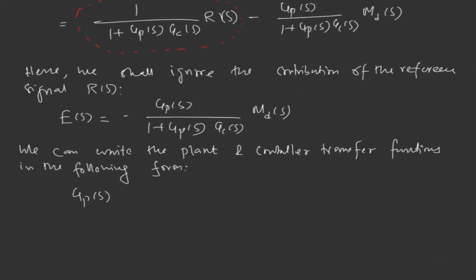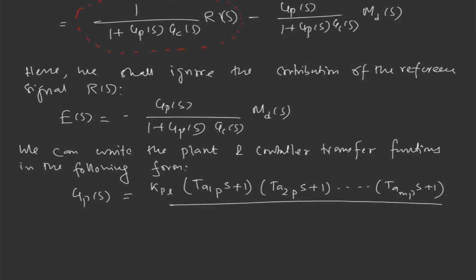Gp(s), we can write the plant transfer function, which is a general form valid for any kind of system. So we can write Kpl, some constant gain in the system, times (Ta1p s plus 1)(Ta2p s plus 1) dot dot (Tamp s plus 1).